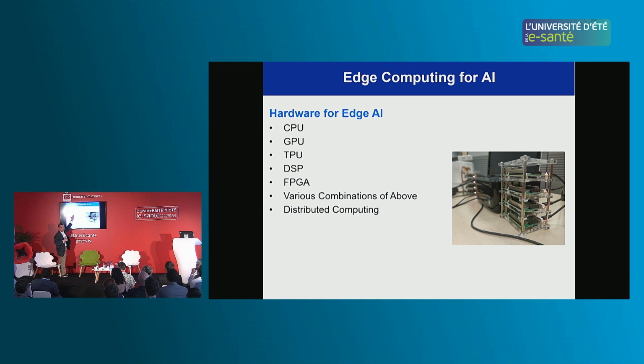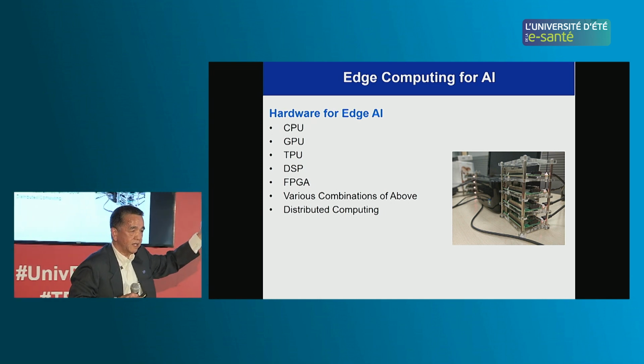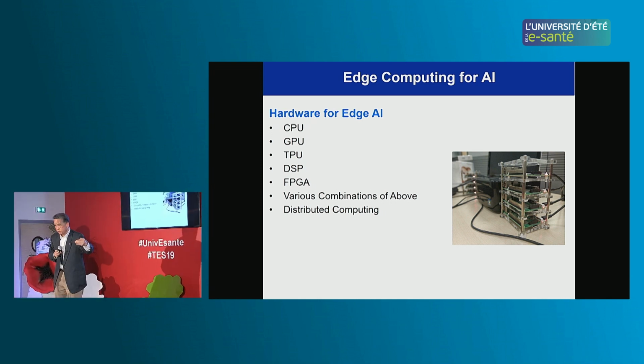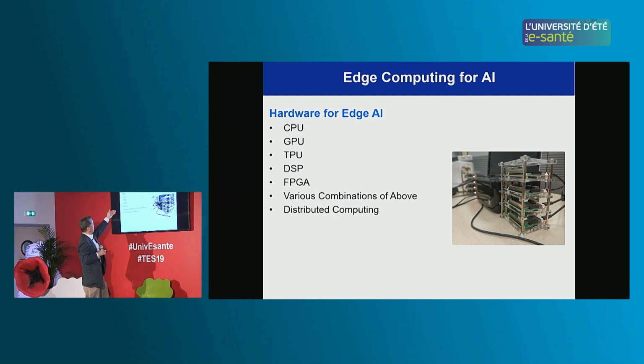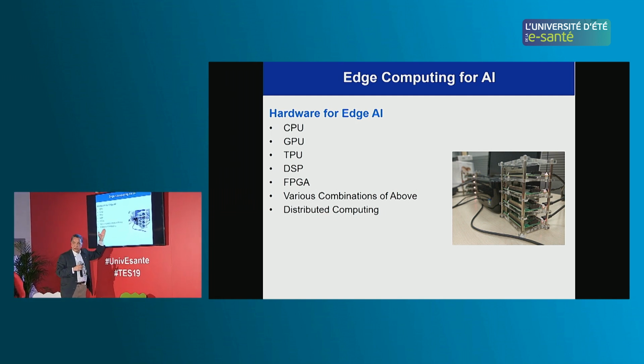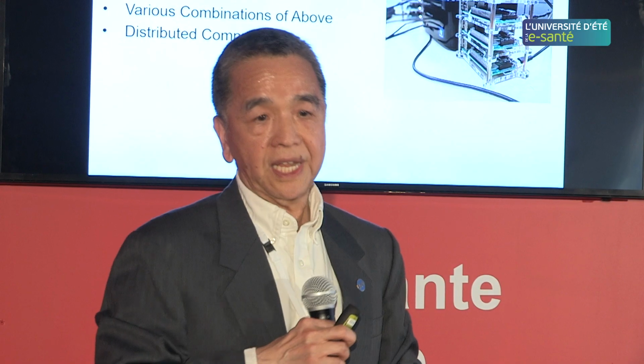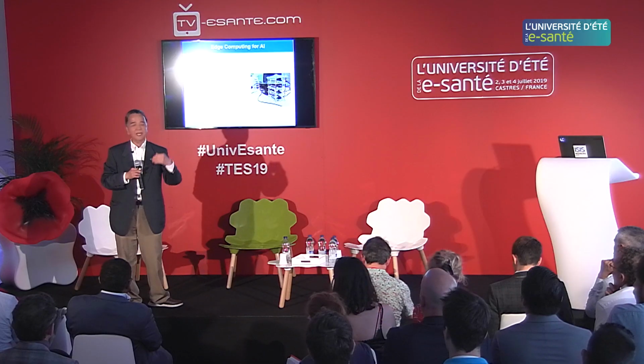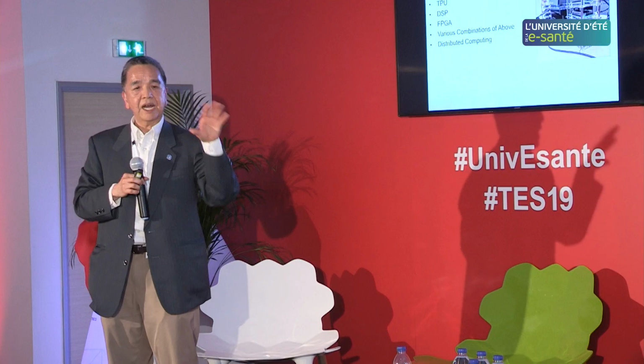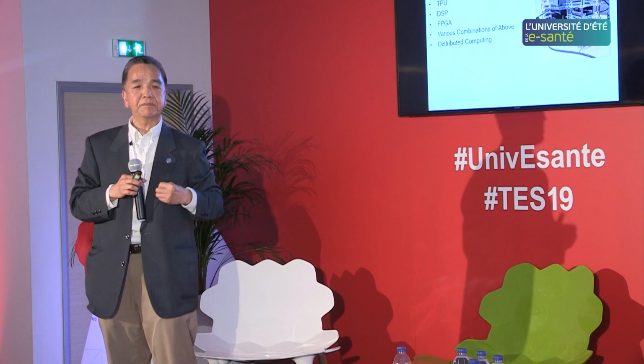And TPU is the TensorFlow processing unit developed by Google for neural networks. And digital signal processing and FPGA are getting very popular. This is the so-called field programmable gate array. On demand, it can be configured in hardware so that it can be more efficient during the computations.